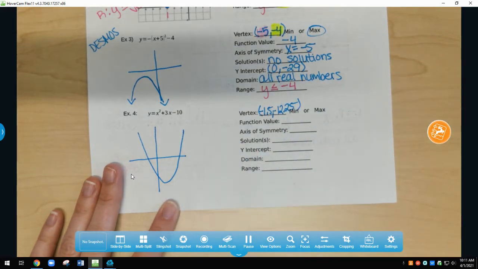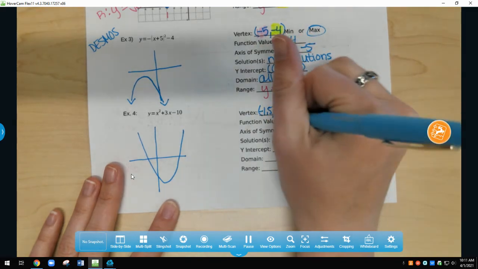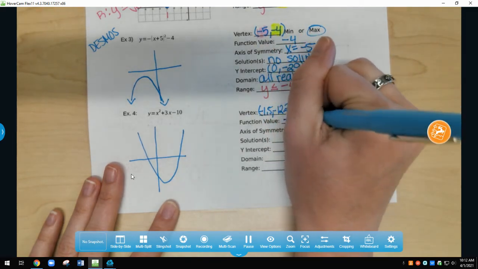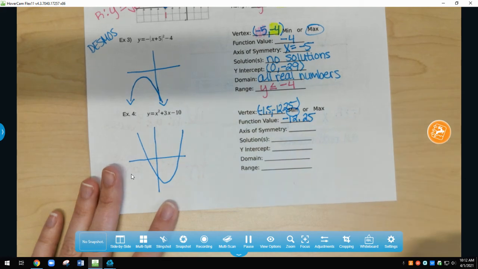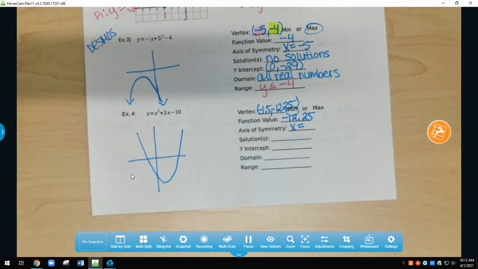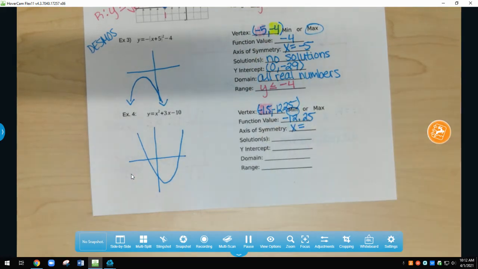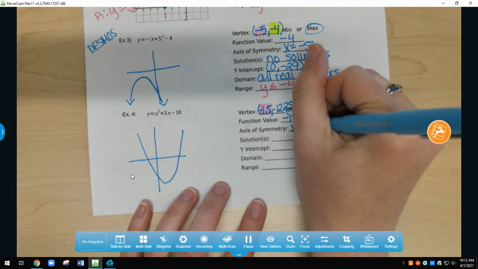It's a bottom point, so that is a minimum. My function value is the y of the vertex, so negative 12.25. The axis of symmetry, x equals the x of the vertex, so negative 1.5.